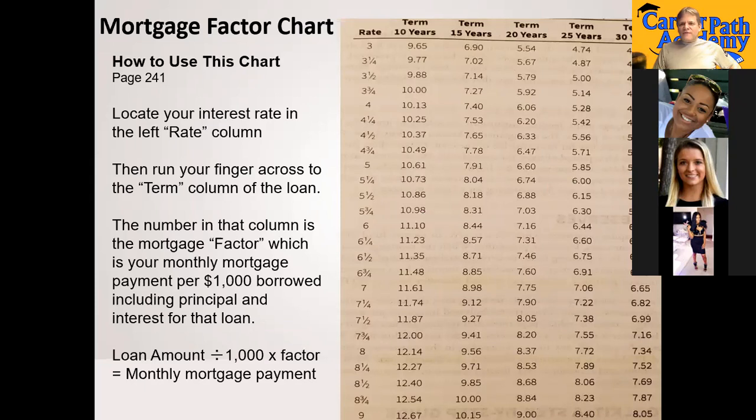So using that factor chart, which is on page 241, we're going to do a math problem. I hate math. I know, but it's not hard when you have a calculator in front of you and you know the formulas. So hold on one sec. Let me erase what I have on the whiteboard right now, and let me see if I already have this problem written out for us.